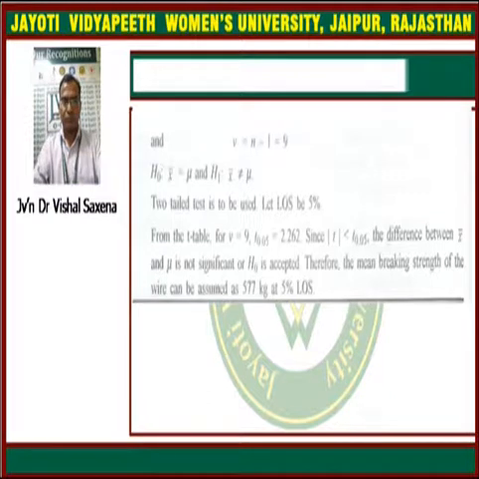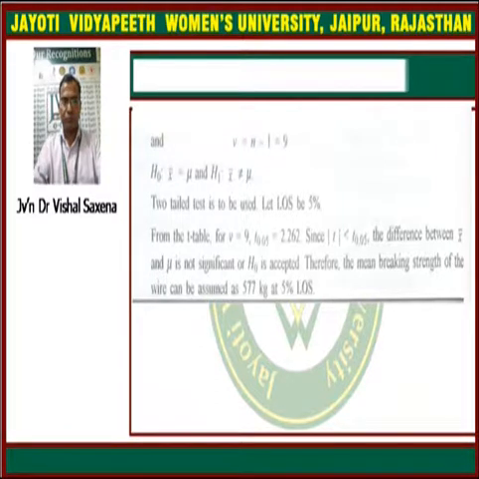According to the table, for nu equal to 9, the value of the t statistic at 5% level of significance is 2.262. Therefore, this observed t value is less than the theoretical value t 0.05.